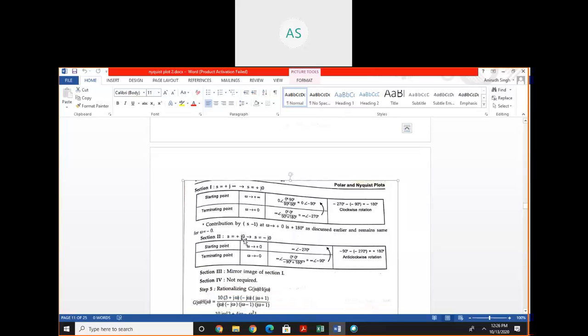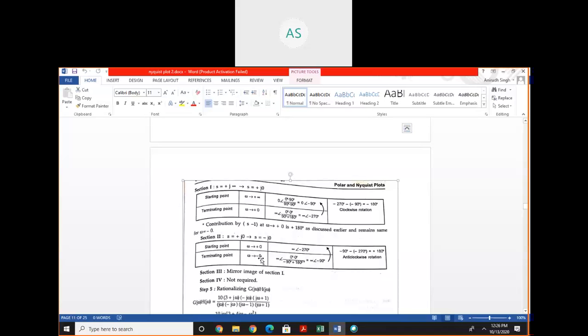Well, in the next case, in section 2, joining s equal to plus j omega, or when omega tends to plus infinity and when omega tends to plus 0 and omega tends to minus 0. So the starting point is when omega tends to plus 0. When omega tends to plus 0, we get magnitude infinite and angle is minus 270 degrees.